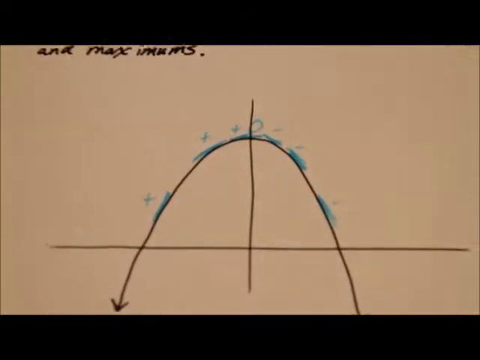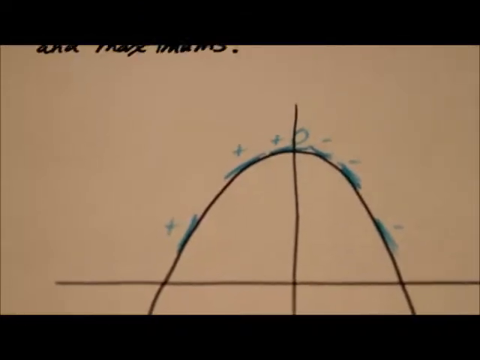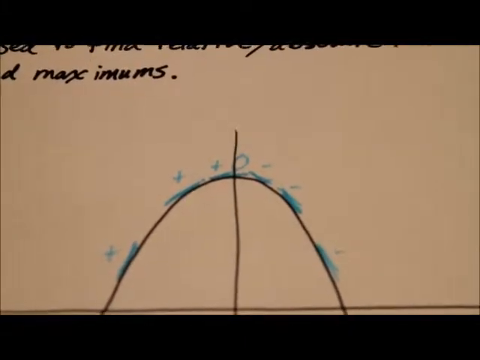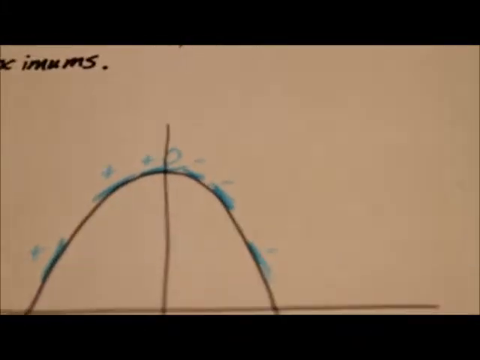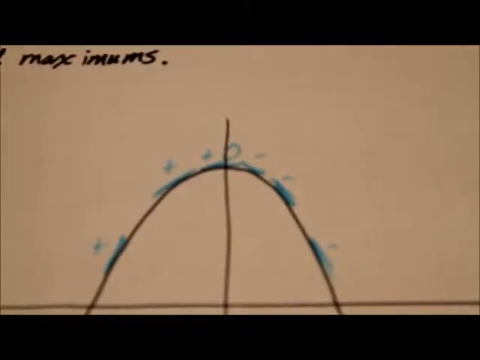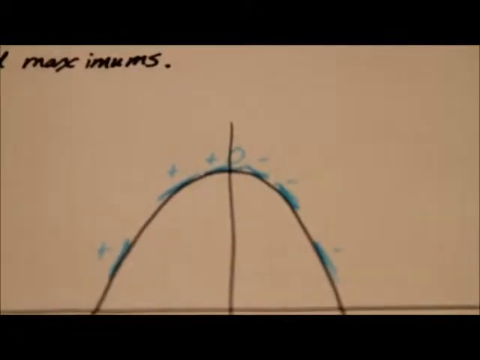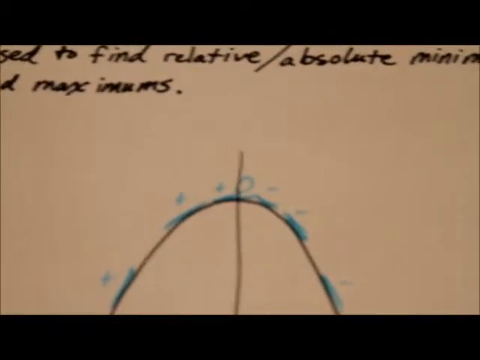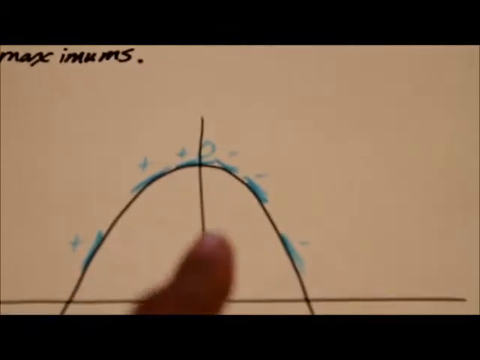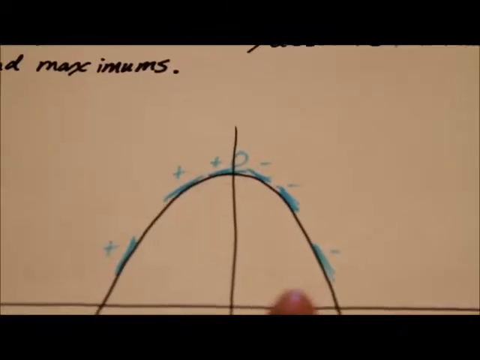So as a function increases, the tangent line, or the blue line, is going to be positive. And so once it hits the maximum, at that maximum point, the tangent line, or the slope, is going to be equal to 0. And then after that, the tangent lines are going to be getting increasingly negative.